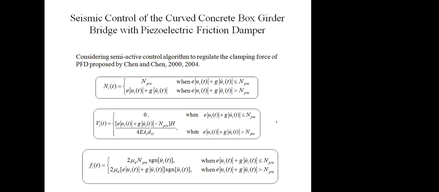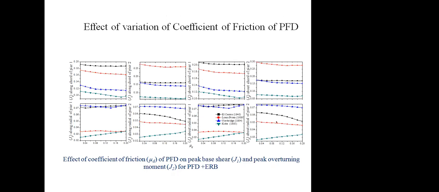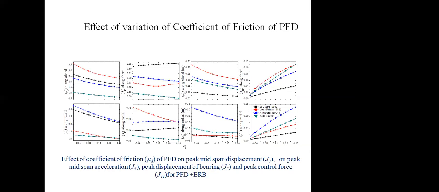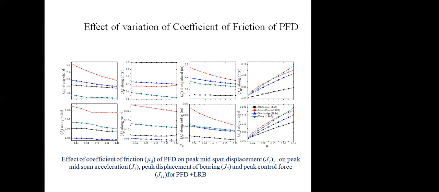It was observed that, first, this is the effect of the coefficient of friction on the damper. As the coefficient of friction increases, like in a friction damper, we have less reduction in the force, as well as a maximum reduction in the deck displacement.